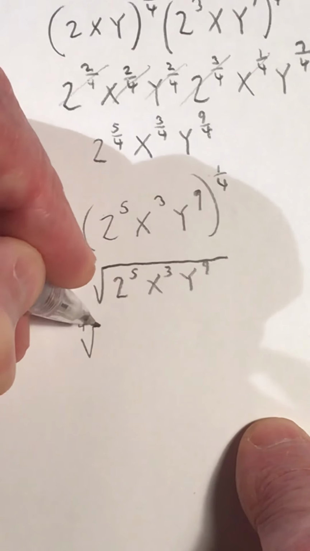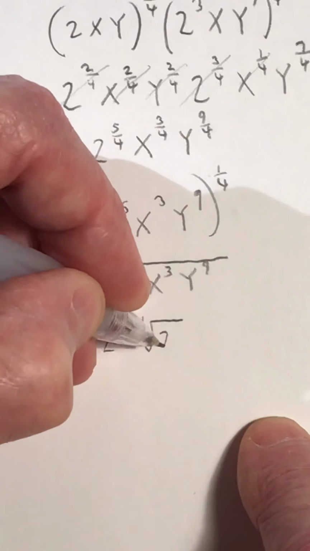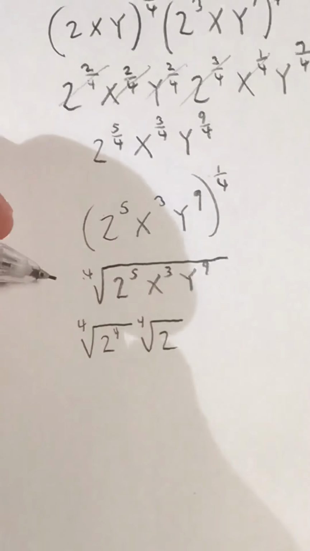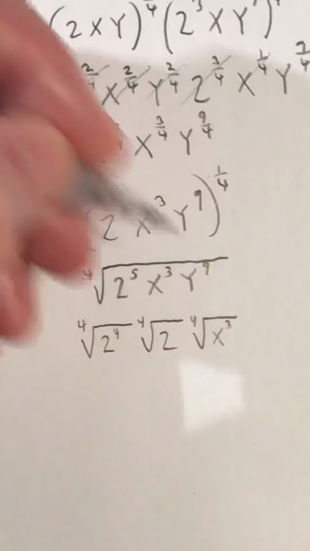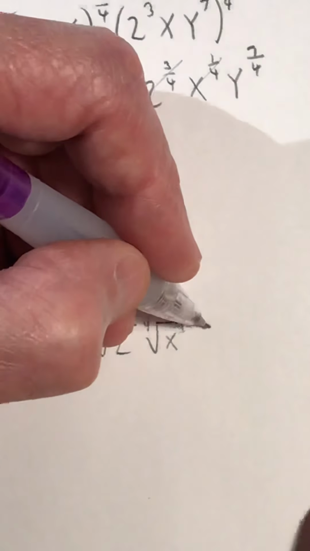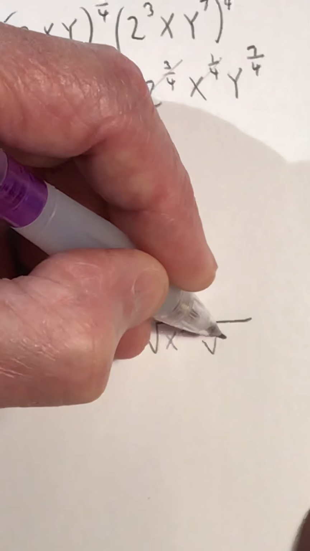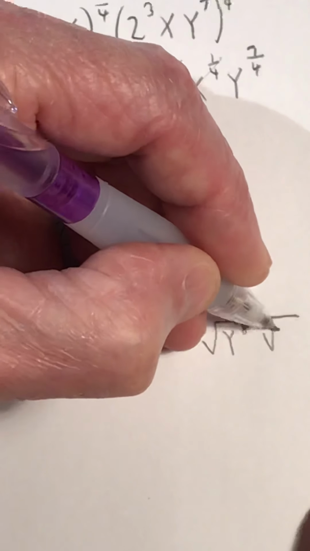I want to rewrite the 2 to the 5th so that I get the biggest possible divisible by 4 exponent like we did in an earlier lesson. The x to the 3rd is okay because its exponent is less than the index. And the y to the 9th, I'm going to rewrite that. 4th root y to the 8th, 4th root y.